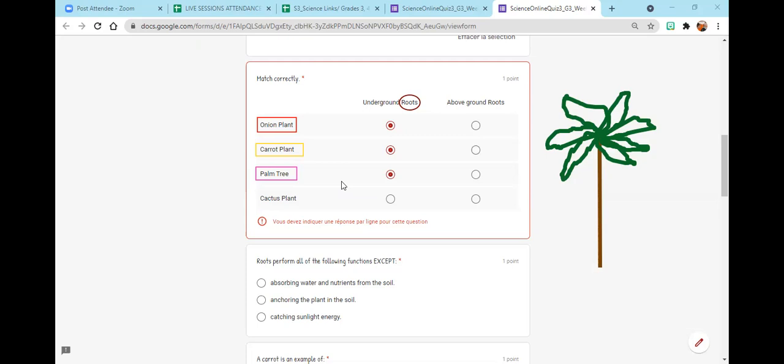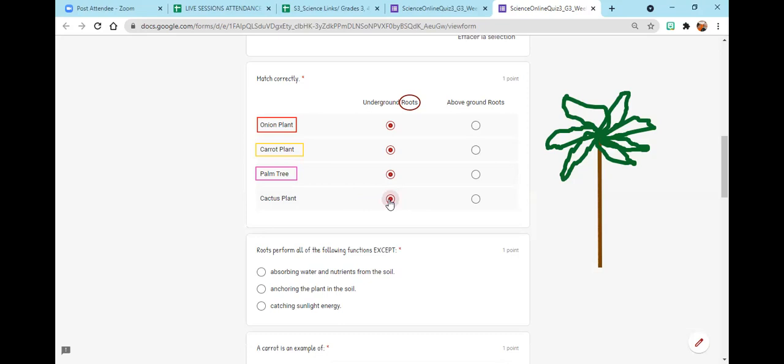Cacti have underground roots too. So all of these plants have roots that go under the ground, since normally roots are the hidden part of the plant that take water and minerals from the soil. Is it clear for everybody?